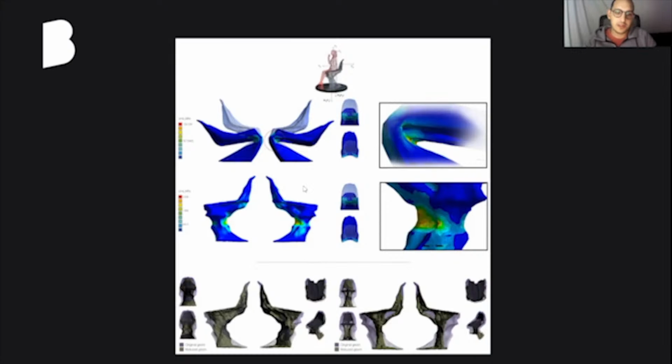And this resulted in a simulation of the deformation of materials as a result of the loads imposed on them with a good degree of accuracy.